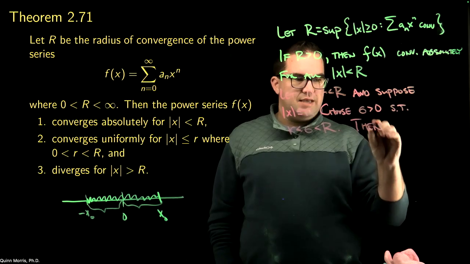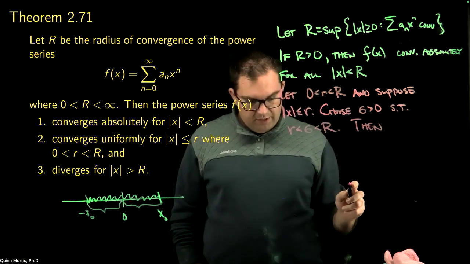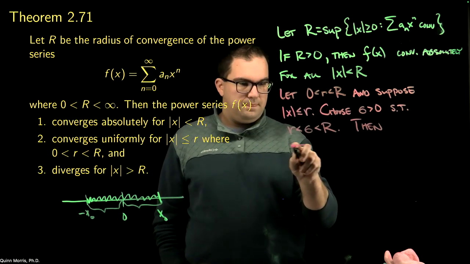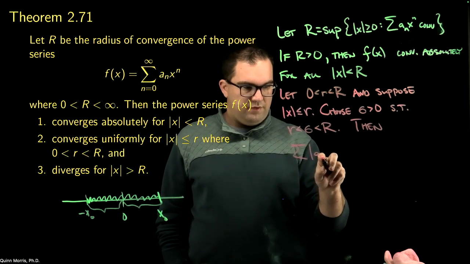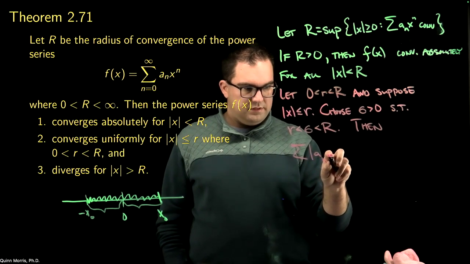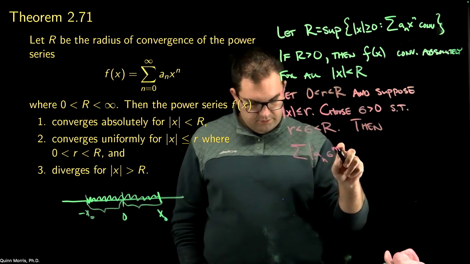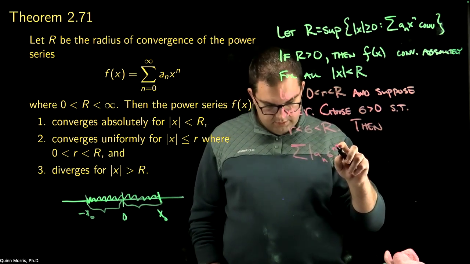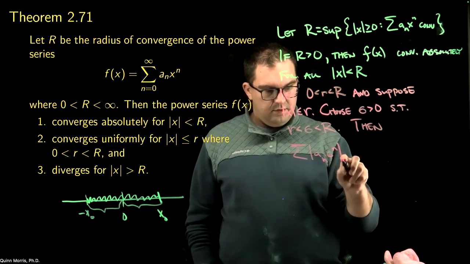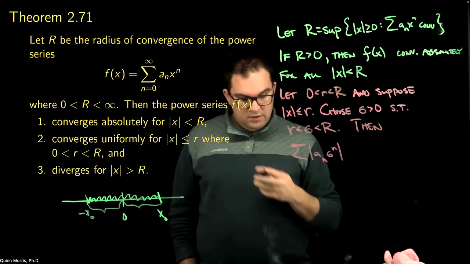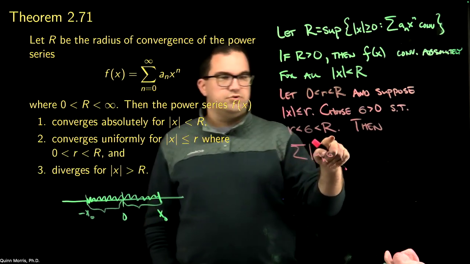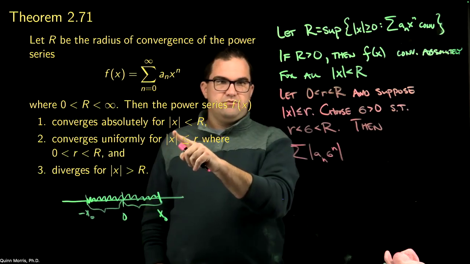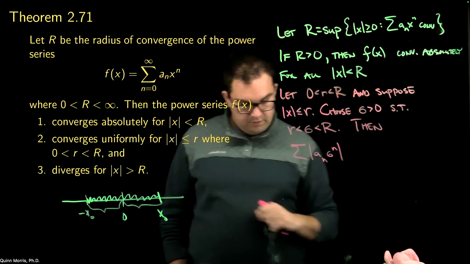Let's see. Well, then what can I say with respect to sigma? If I look at the sum of the absolute value of a sub n sigma to the n, in absolute values, this converges. Why? Sigma is strictly less than R. So this is going to converge absolutely.